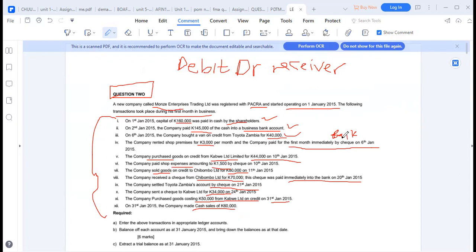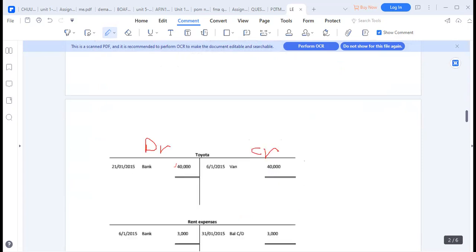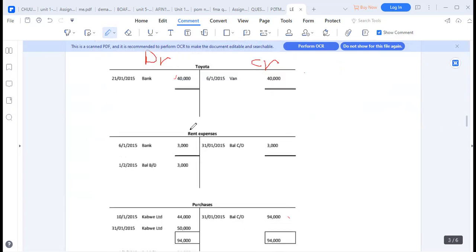By check, it's a bank. So the shop premises, it's the rent that we're talking about. So rent was on the receiving side. So rent expense is on the debit, because the rent was on the receiving side. So rent came in because it was by bank.